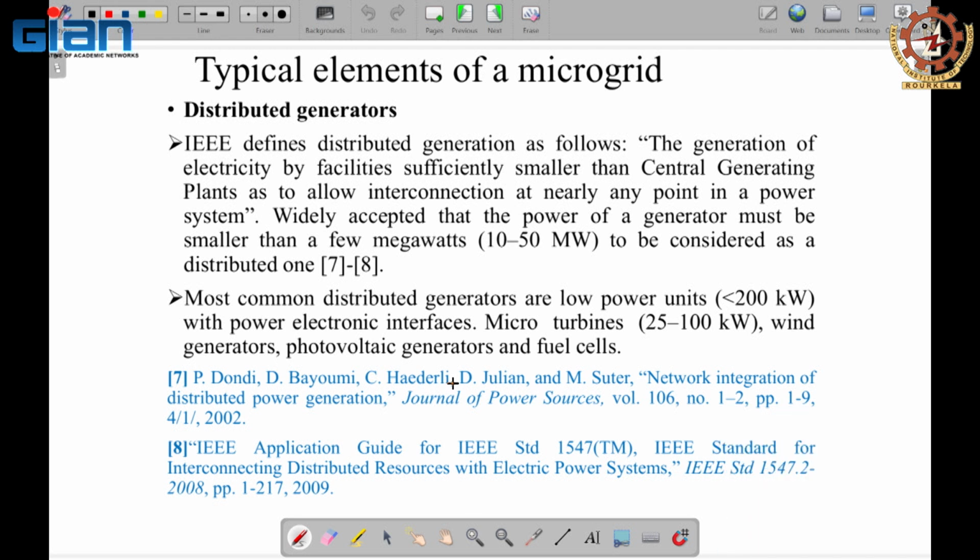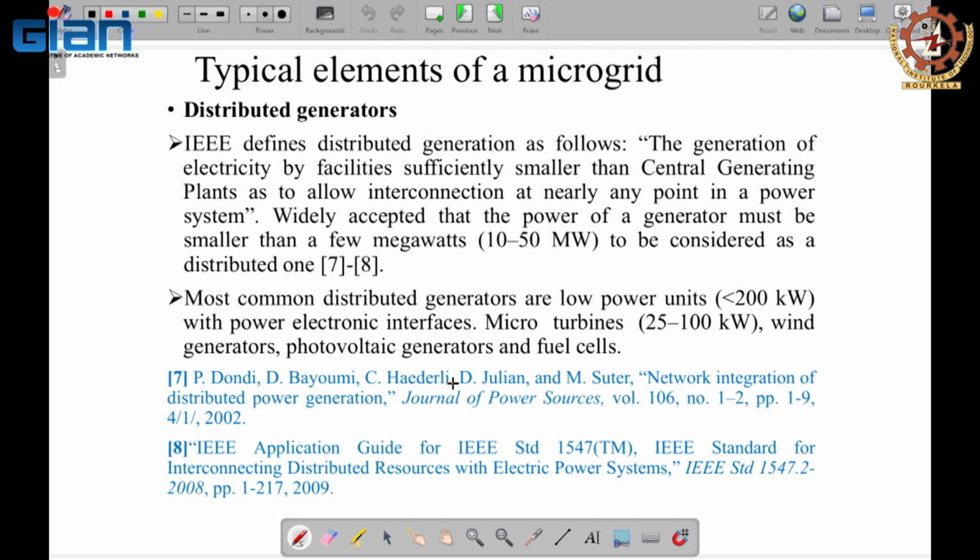Then, as I mentioned, what will be the different elements of the microgrid? Obviously you will have generators. This microgrid is a small system, so we use generators, preferably renewable generators, because this is the whole aim of the microgrid.